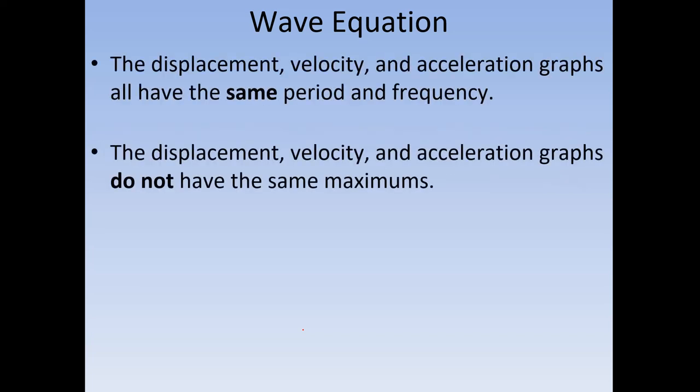All right. Now, some key things that you want to remember is that all these graphs, displacement, velocity, and acceleration, all have the same period and frequency. It's important to remember that these three graphs do not have the same maximums. The maximums are related, and there are ways to figure out the maximums.